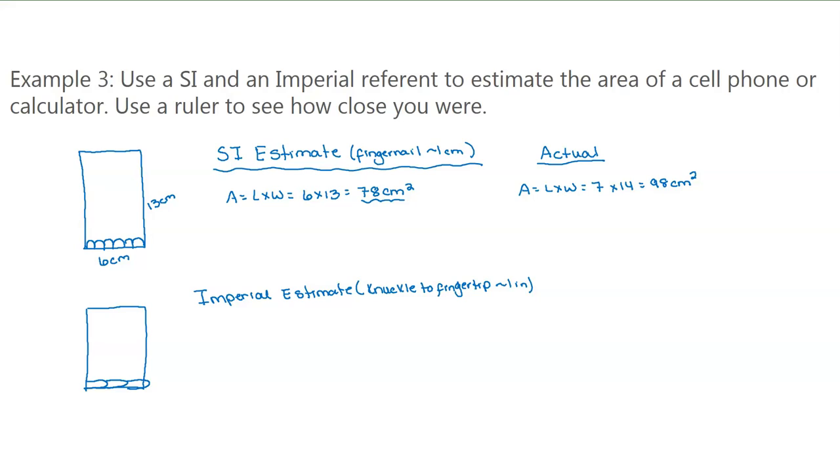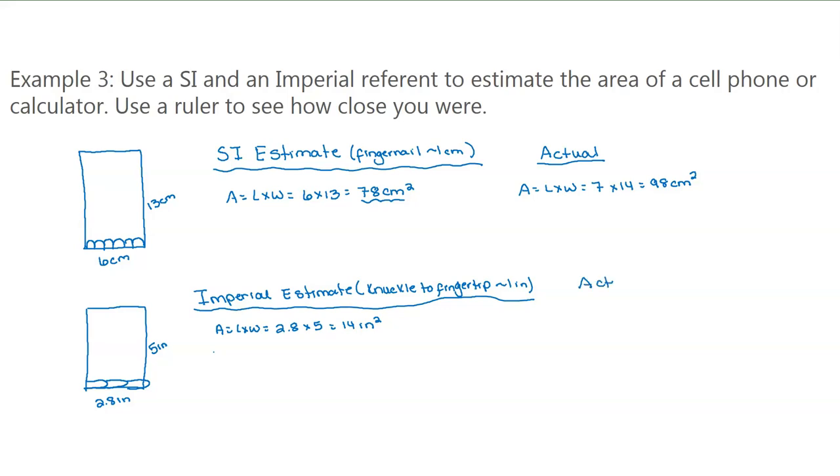So I'm going to say it's a little bit less than 3 inches. So I'm going to say 2.8 inches. And doing the same thing along the side, I get 5 inches. So now using these measurements in my area formula, 2.8 times 5, I get 14 square inches.